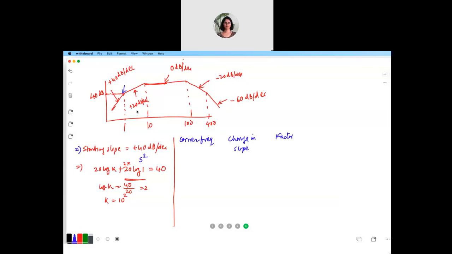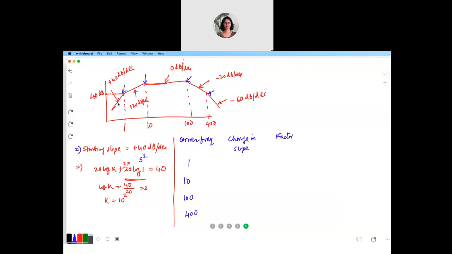So first at this point, what is the corner frequency? It is 1. Here there is one more point where I have a change. What is the corner frequency here? 10. Here also I have a change. Corner frequency is 100. Here also I have a change. Corner frequency is 400.